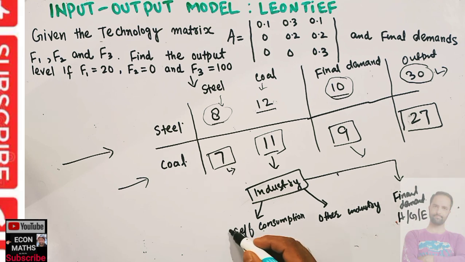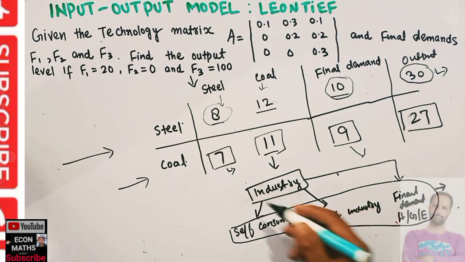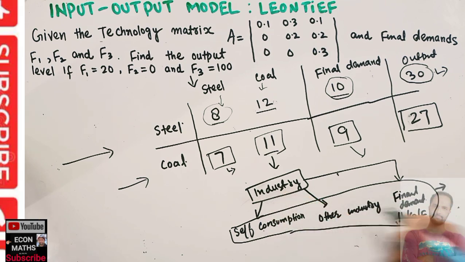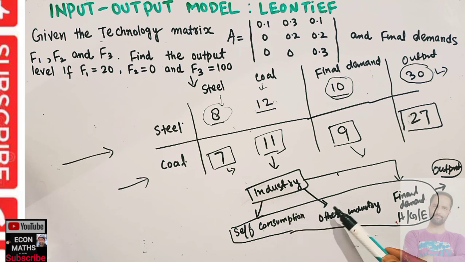If we add up these, this will be the total output by this particular industry. So any particular industry uses some part of its output for self consumption, it also provides output for other industries, and it also provides output for final demand, that is the demand by households, the government sector or the export sector. If we add these up, it will be the total output.